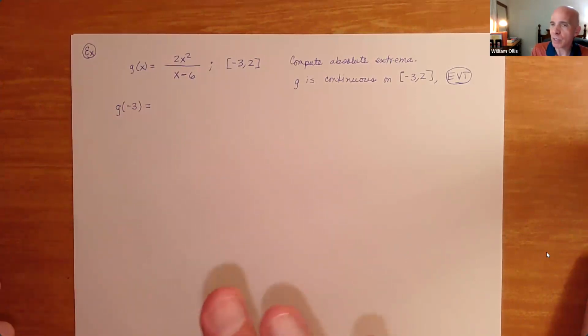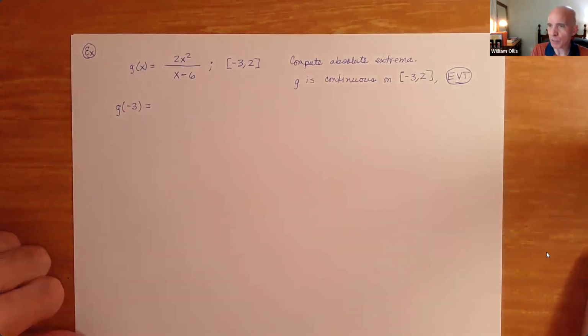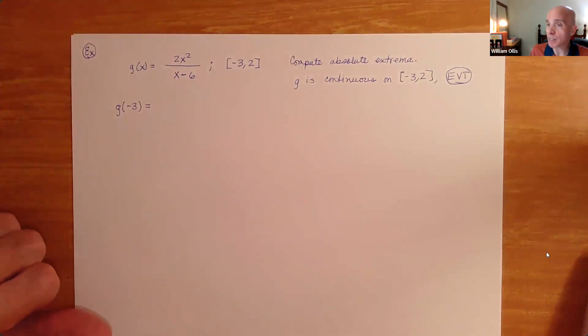Do that first, possibly. It's not required. I'm just saying try it. Or you're like, no, I'm going to go ahead and get the derivative, do that first, and then I'll check the endpoints. What order you decide is up to you. Don't worry about the order. Just make sure you don't forget one of the steps.